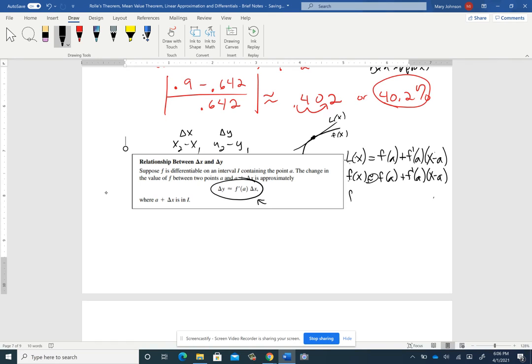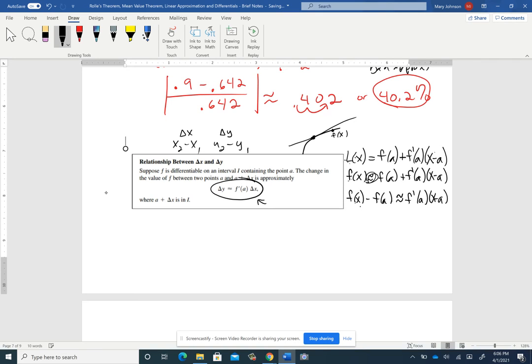Then they subtracted the f of a from both sides, and you would still have that. Then f of x minus f of a would be kind of hard to say exactly what I want to say, so let me not try to do that.